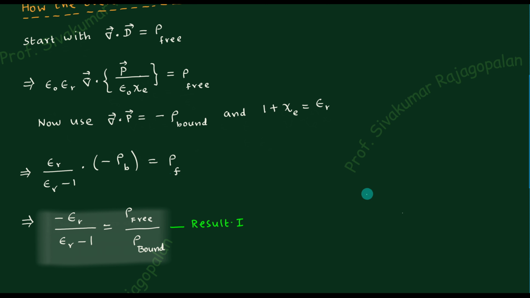Why I am trying to explain this is that you have two types of charge densities: one is free and the other is bound. The second thing is you also have sigma. This is rho, so I would like to emphasize that. Let us go back and verify our title.